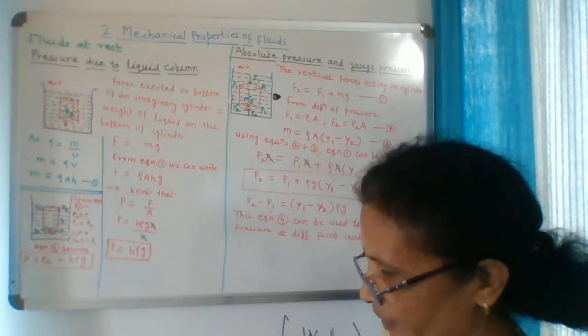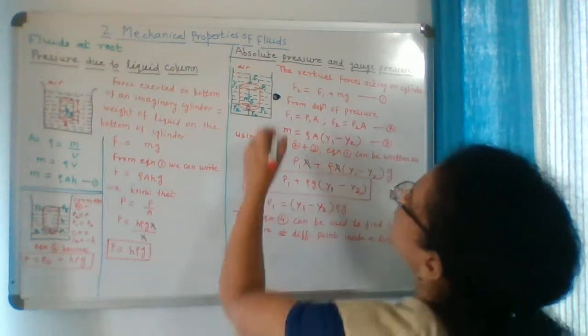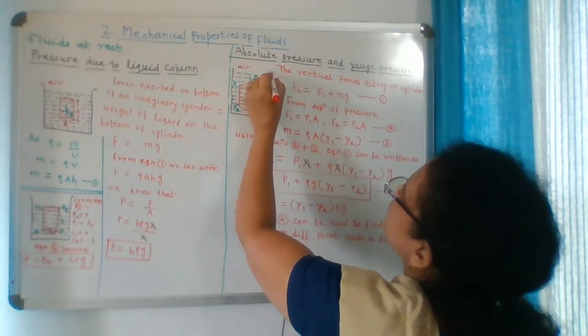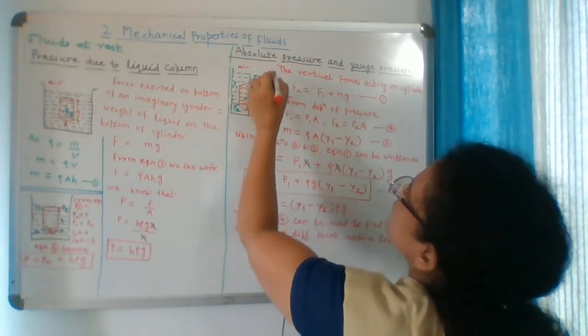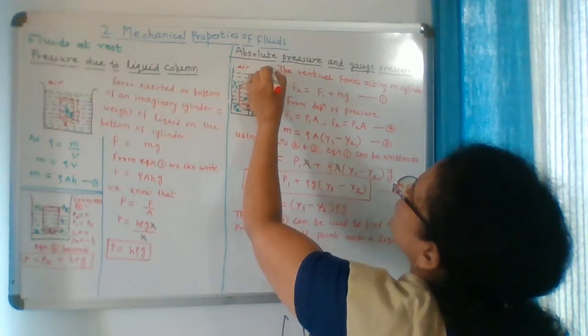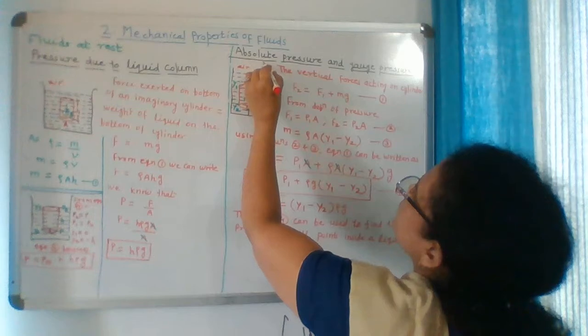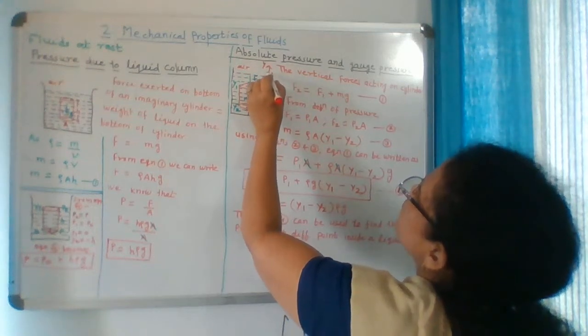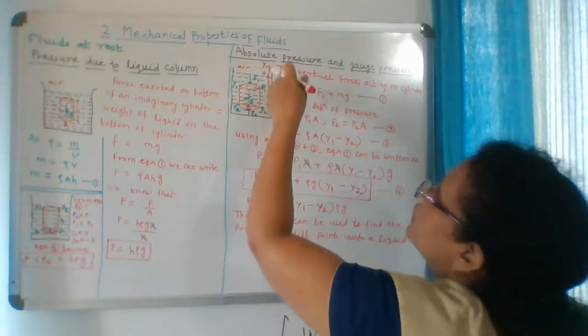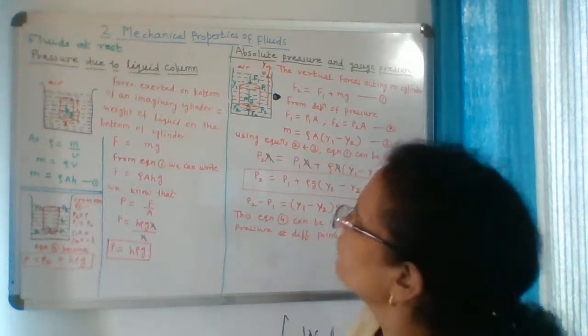For reference, we consider this as the positive y-axis, with 0 over here. If this is 0, then below it will be the negative axis, right?